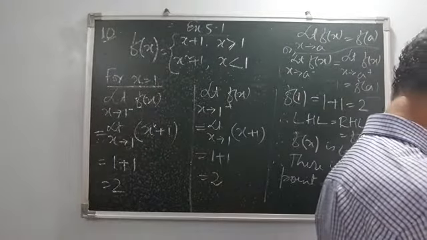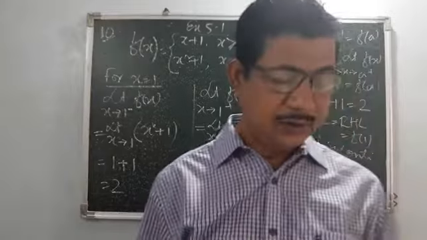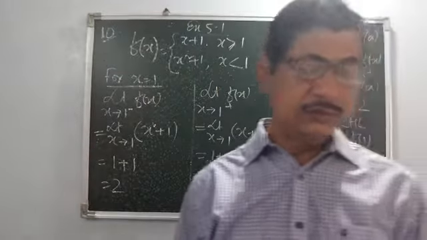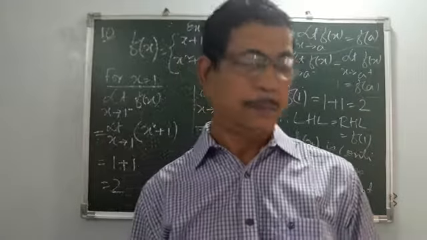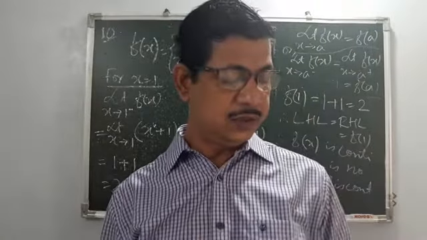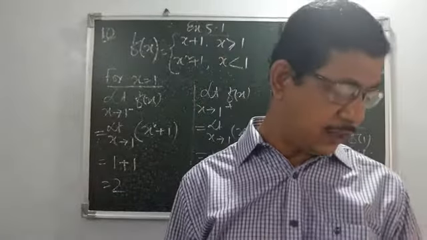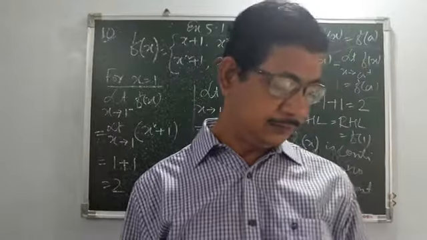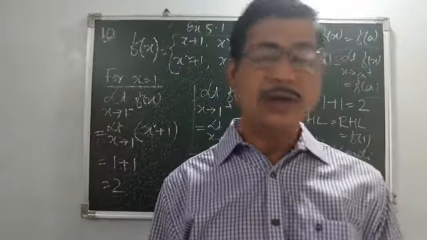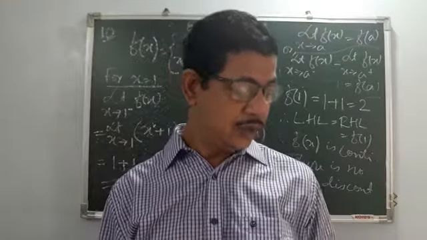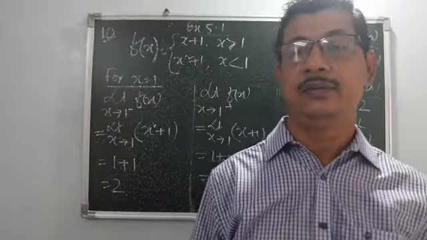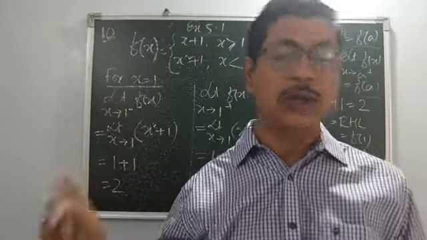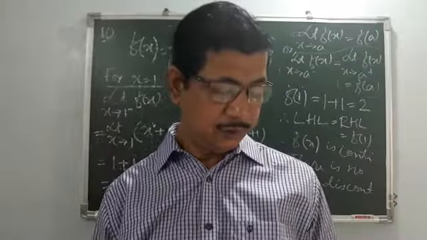Now we will consider question number 11. Students, sometimes we find similar type questions. If you go through 11, it is a similar type, so I expect you will do it. 12 also similar, 13 also similar. So 11, 12, 13 are similar, so I expect you will do them at home, and definitely you can do.